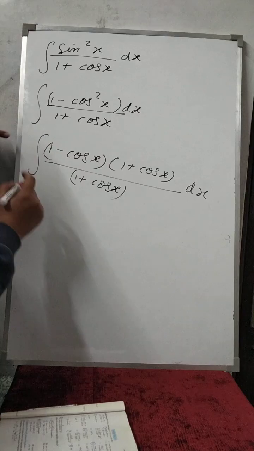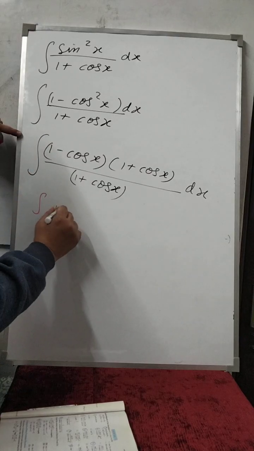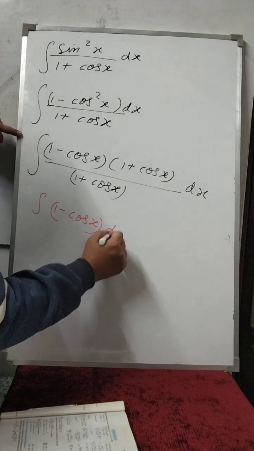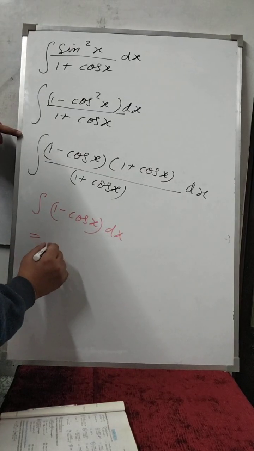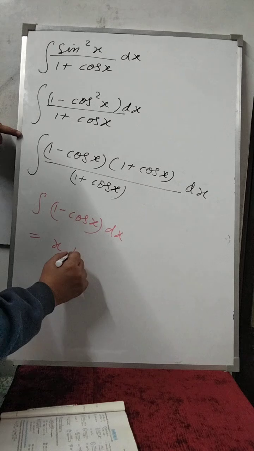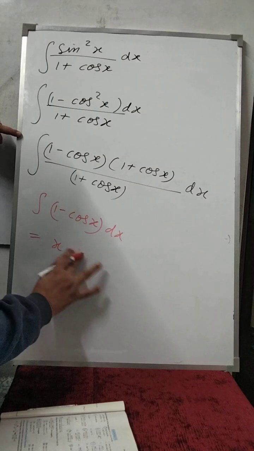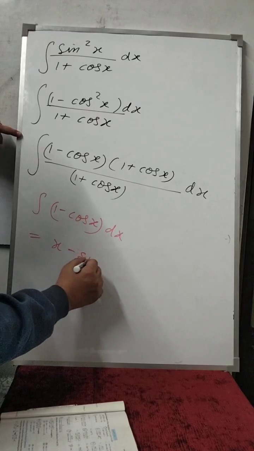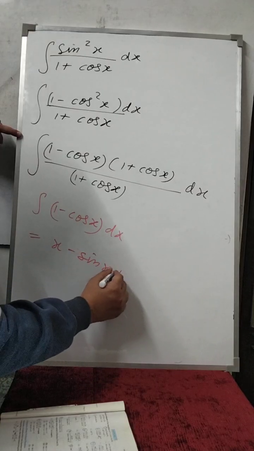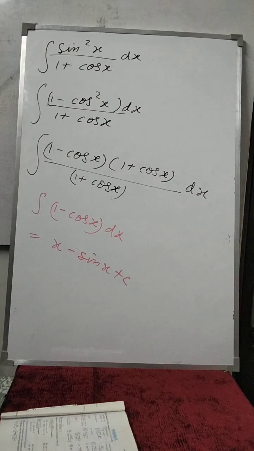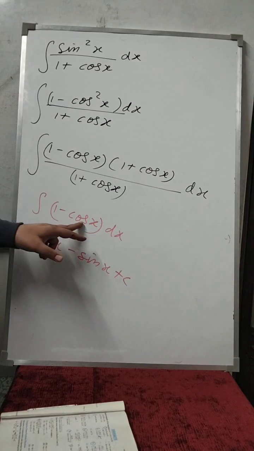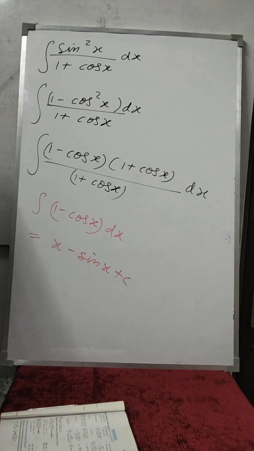I will remain with integration of 1 minus cos x dx. So my answer will be x plus, no, integration of minus cos x will be minus sin x plus constant of integration. This is the final answer. Integration of 1 will become x, integration of cos x will become sin x.